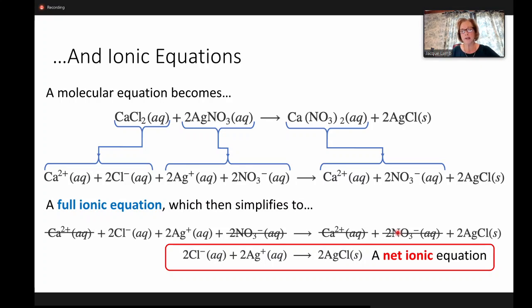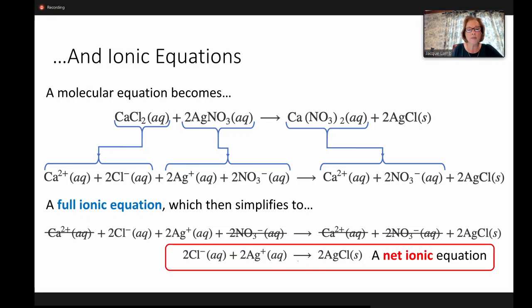The only species that actually took part in the reaction are the chloride ions and the silver ions forming AgCl. And that is called a net ionic equation. I will point out that in this case, because of the overall balanced equation, we had two chloride ions, two silver ions forming two silver chloride.